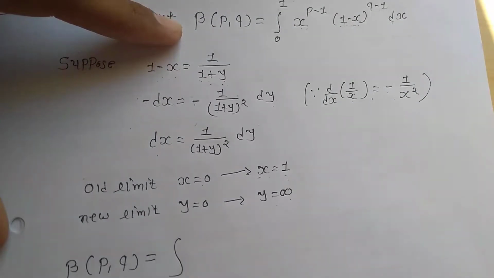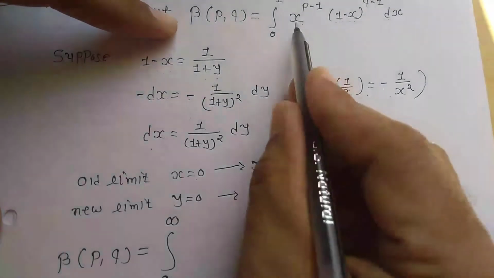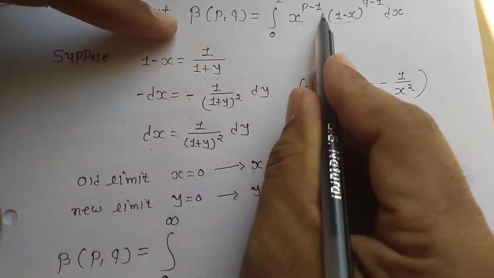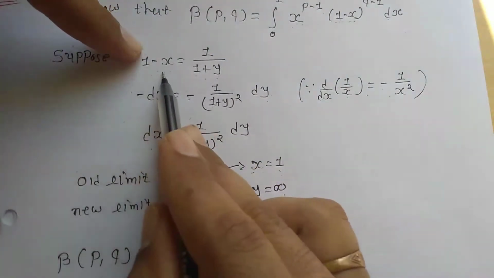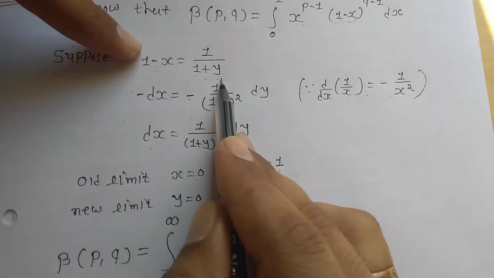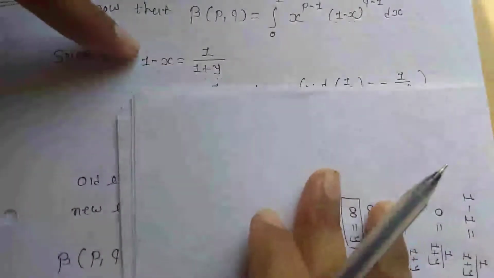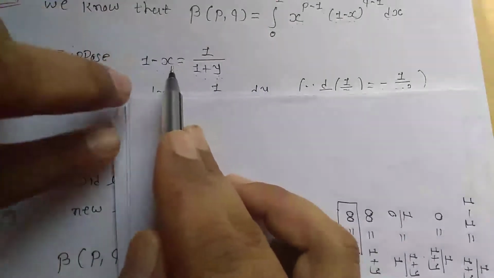So now limit is 0 to infinite. X raised to p minus 1, but we have 1 minus x raised to 1 upon 1 plus y. Now find the x from this part.